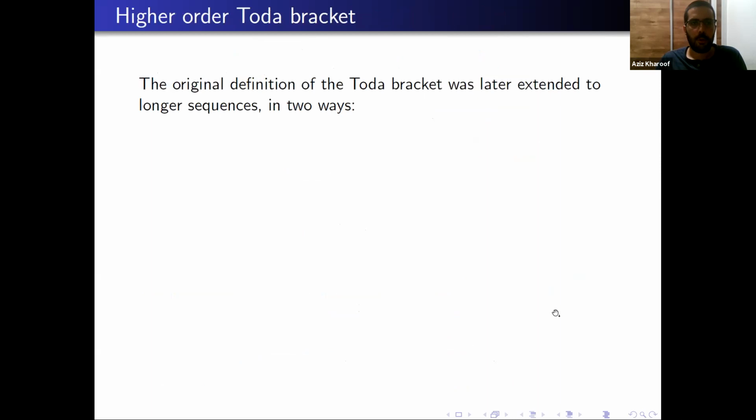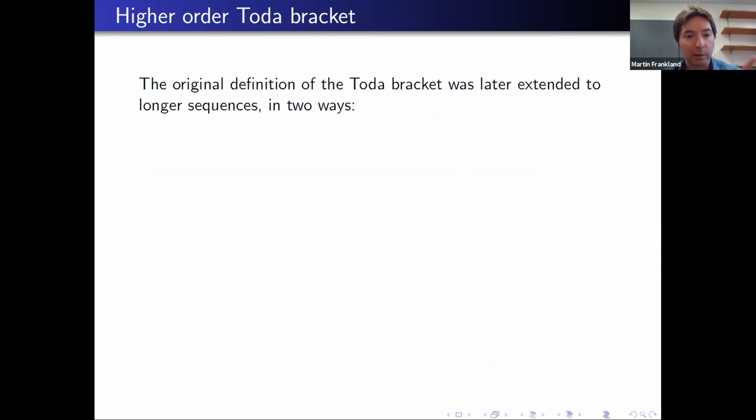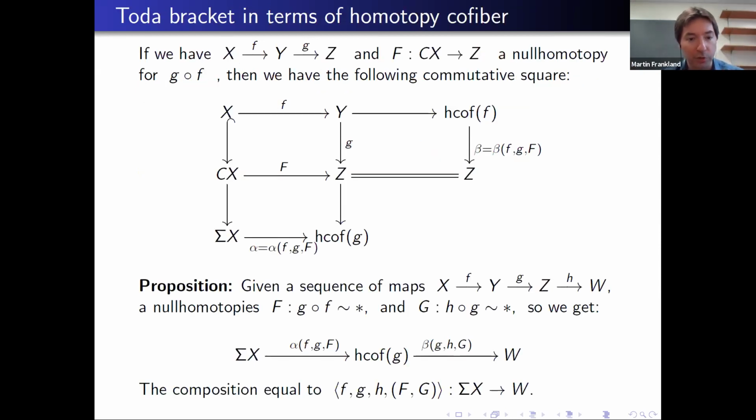Okay, now I'm going to the higher order Toda bracket. Sorry, Aziz, can you go back to the previous slide? I just got confused about that middle object and the composite at the bottom. Can you go over that again? So that middle object is this here? Right, that's the cofiber of G. The homotopy cofiber of G, yes.